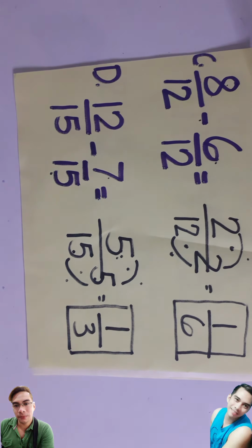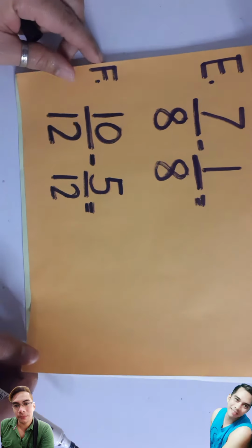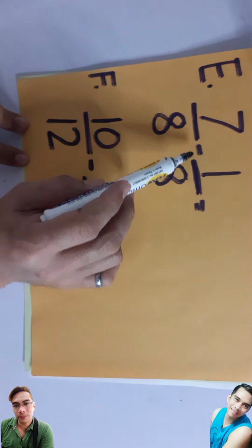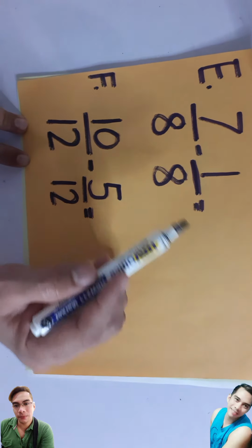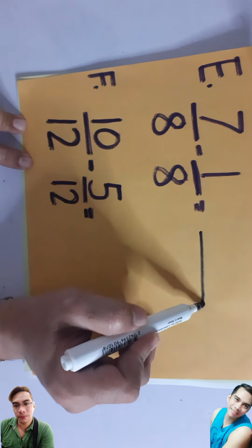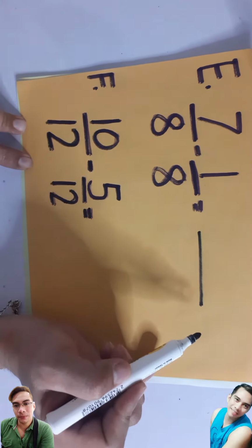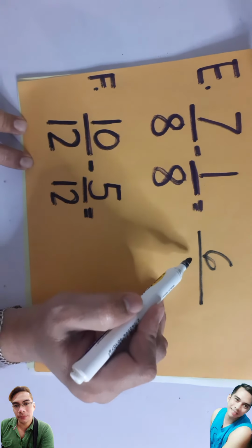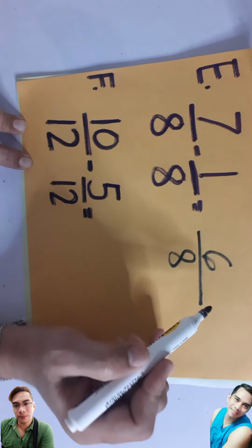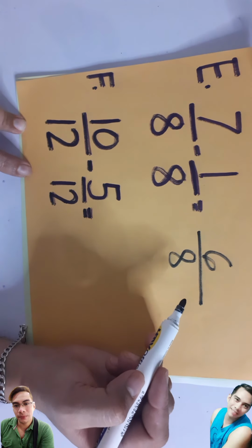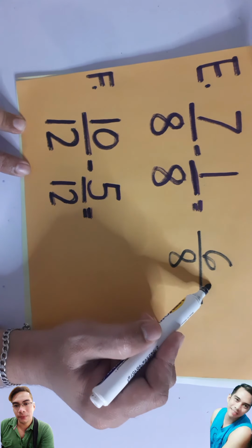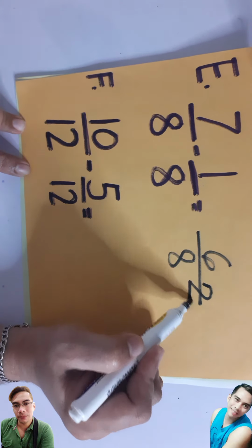Another example po. 7 over 8 minus 1 over 8. 7 minus 1, answer 6. And copy the denominator, 8. 6 over 8, pwede nating ma-reduce sa lowest term by the common factor or the GCF of 2.